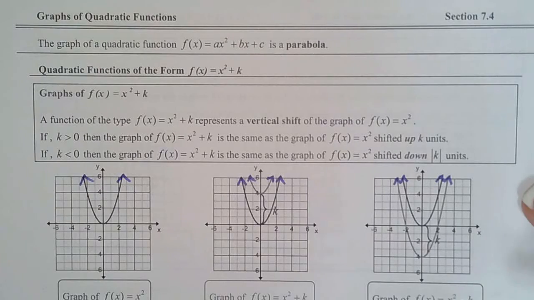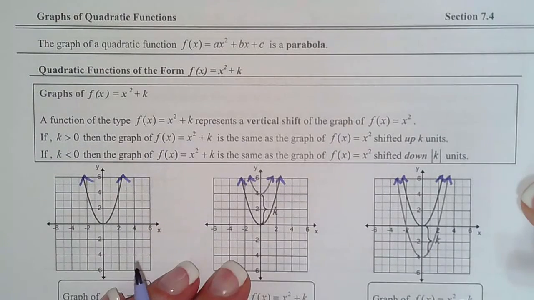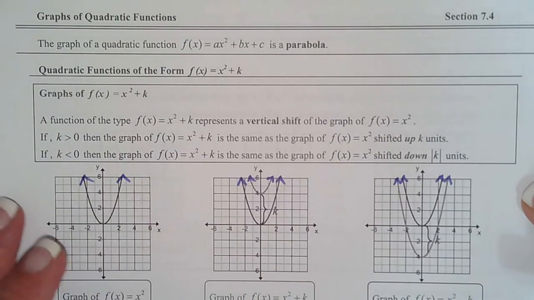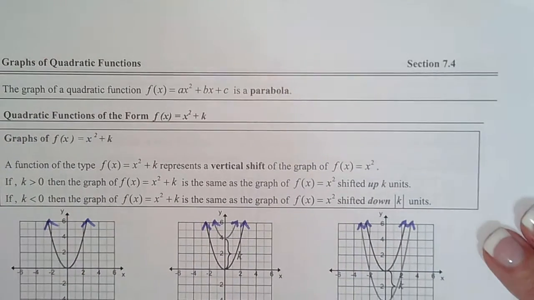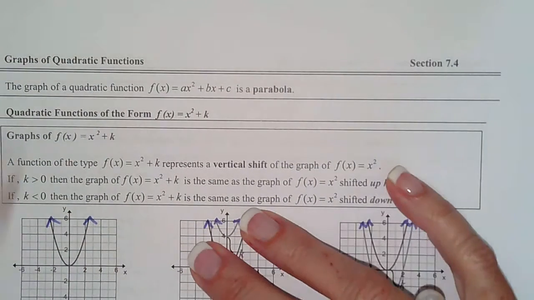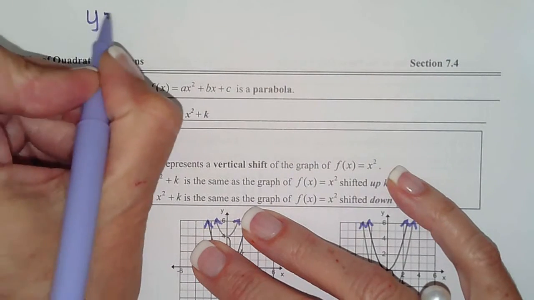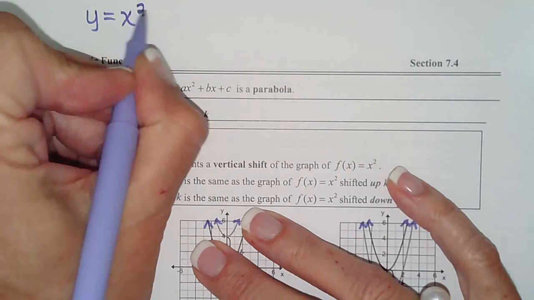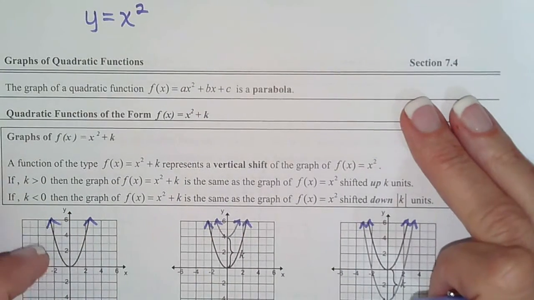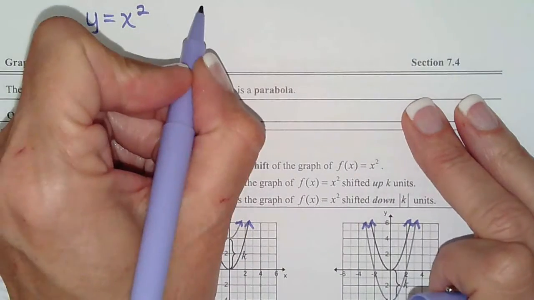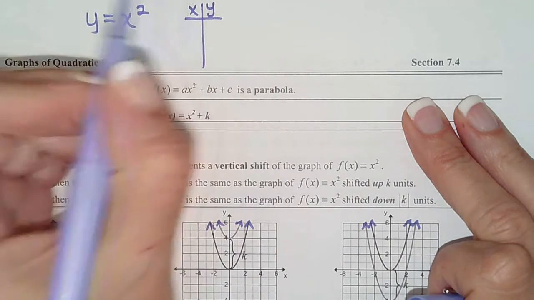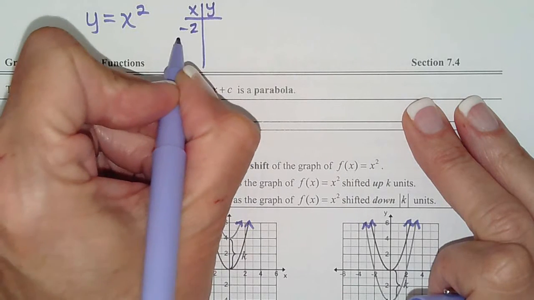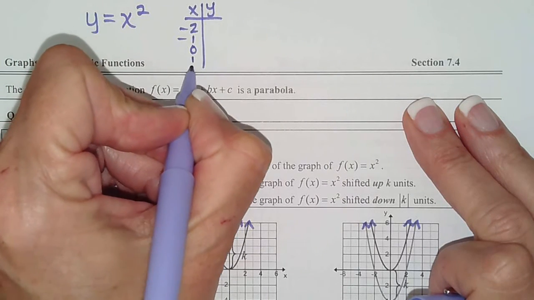First we're going to talk about what's called the mother function. Let's go up here to the top. The mother function is y equals x squared. It's the basic parabola. If I asked you to make a t-table, you could do -2, -1, 0, 1, 2.